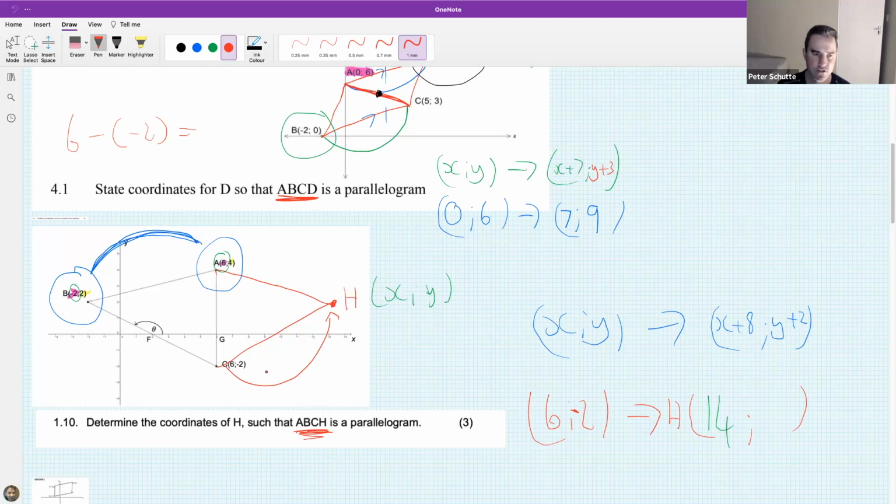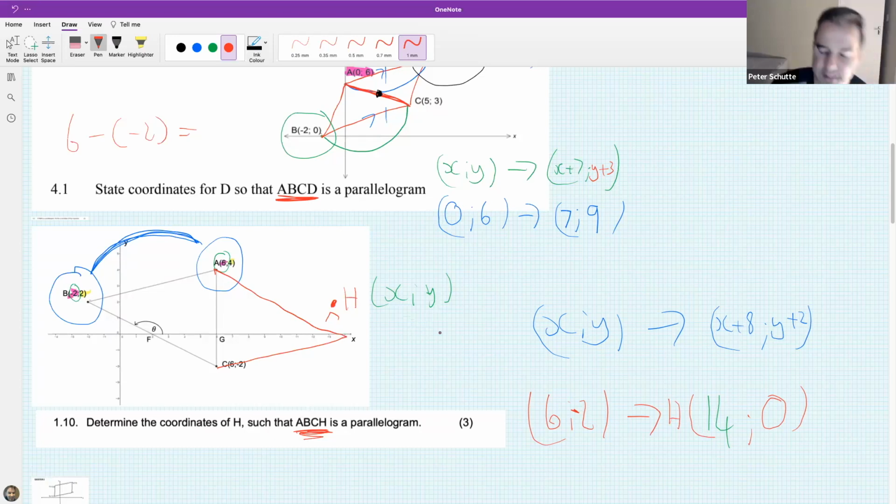So I'm at -2 down here, add 2, and I get 0. And so H, the coordinate, is 14, 0, which if we do the scale more accurately, what this is saying is that there's 14. And that looks more like a parallelogram as well.